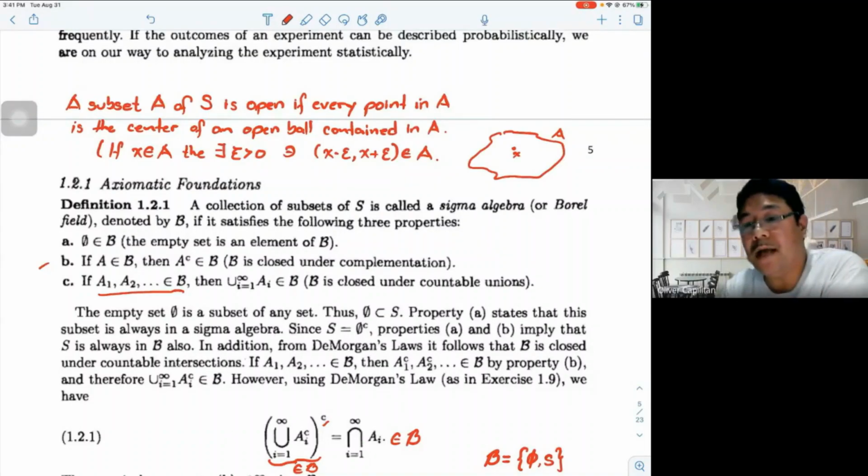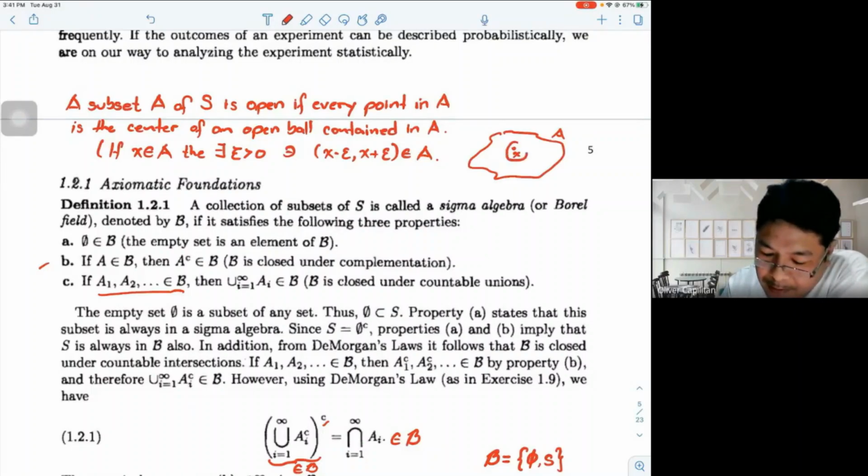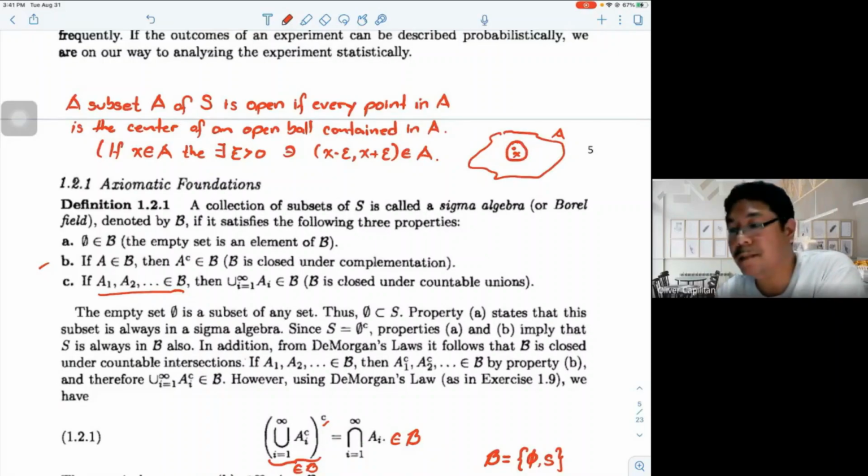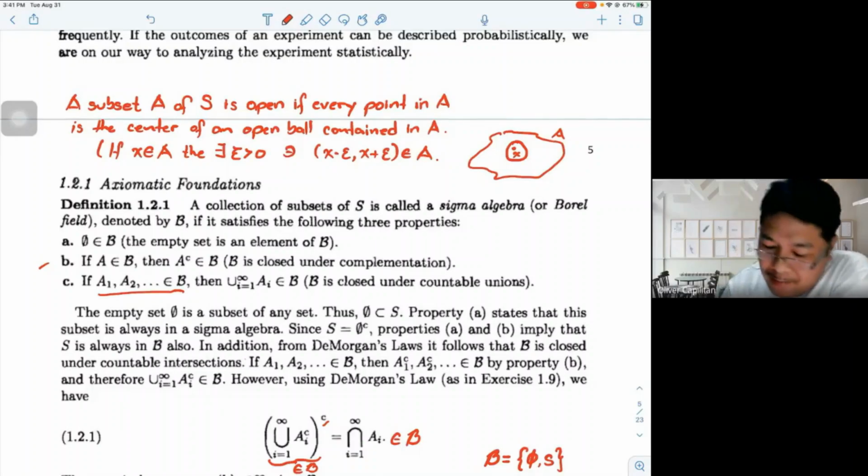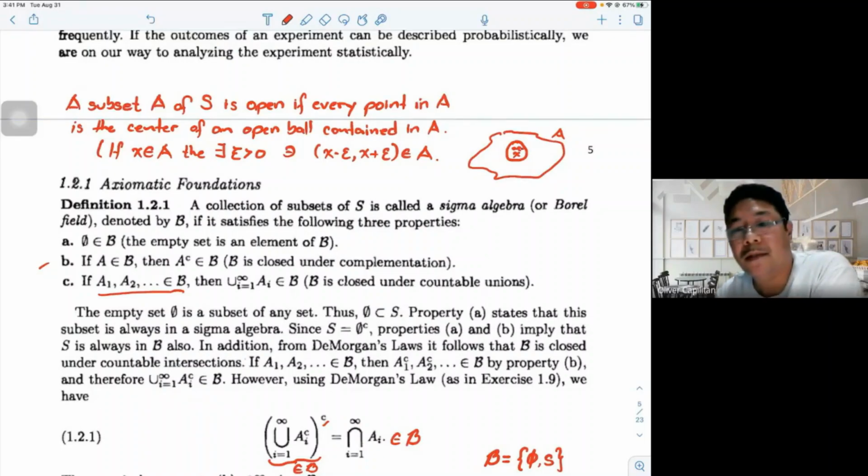This is contained in an open ball that is in A. So we have a positive epsilon here, a very small positive epsilon, however small, but still positive.